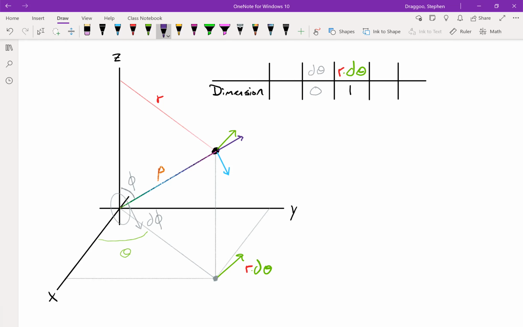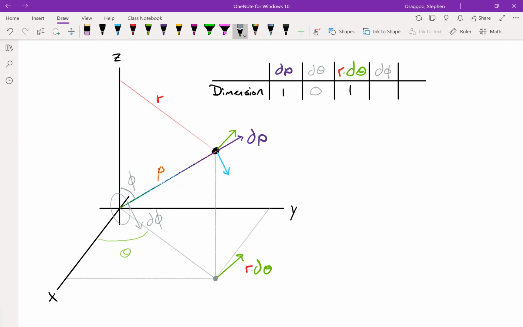So we'll need d rho, which is the most straightforward. Rho is just the distance from the origin to our point. If we're looking at how our point is changing relative to rho, it'll just be the continuation of that line. And d rho, just like dr, has a dimension of 1, just in the direction of rho. Nice. So d phi is the new one that we'll look at.